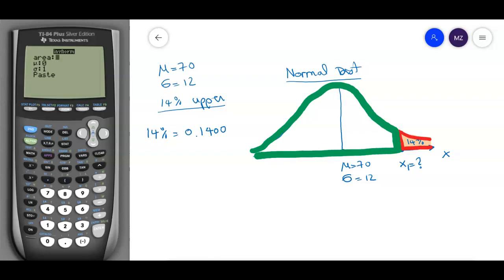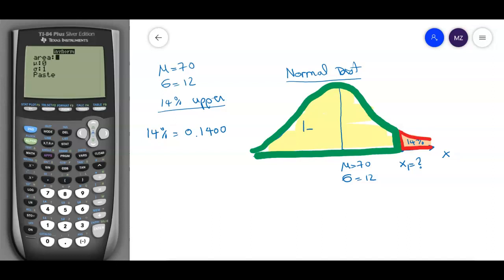Probably we can color it. So this is the area that you're looking for. Now, if I have this 14%, or 0.1400, what will the remaining area be if the total area is 1?